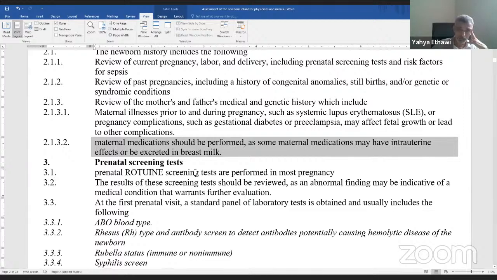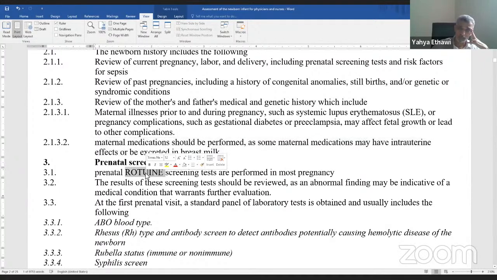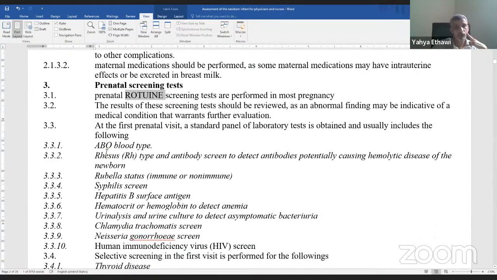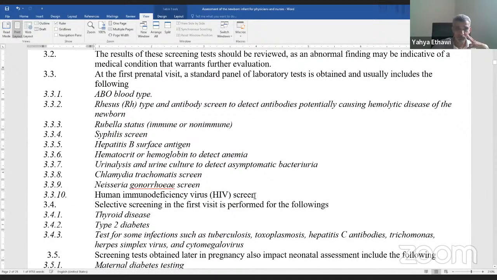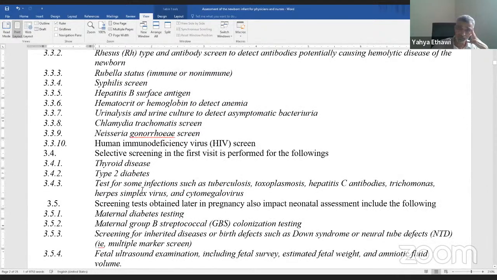Now, I'm not going to go into details of prenatal screening. This is more obstetric care, but we need to list all the routine screening done with the mother, mostly those affecting the baby. These include ABO grouping, RH grouping, rubella status, syphilis status, hepatitis B, hemoglobin of the mother, urinalysis, screening for chlamydia, for Neisseria, for HIV, and certain diseases if the mother has thyroid disease or diabetes.